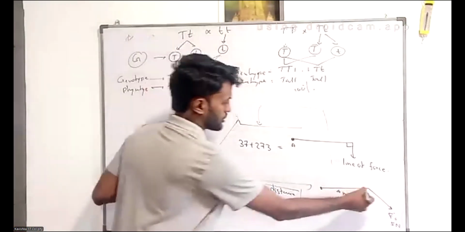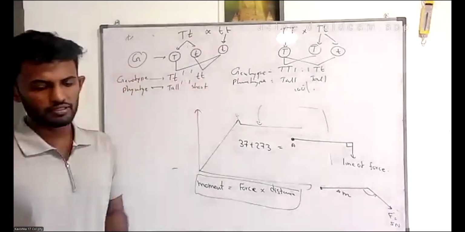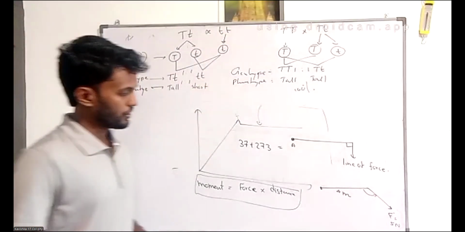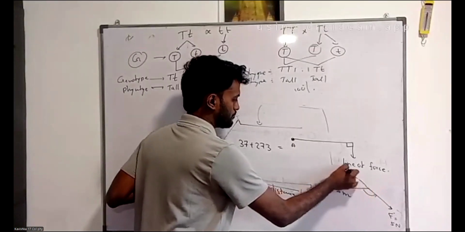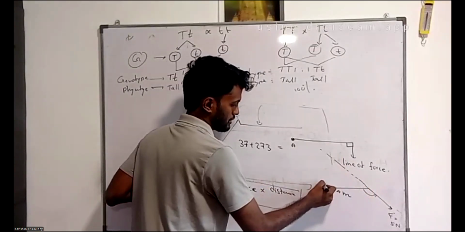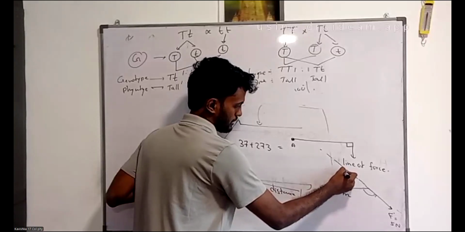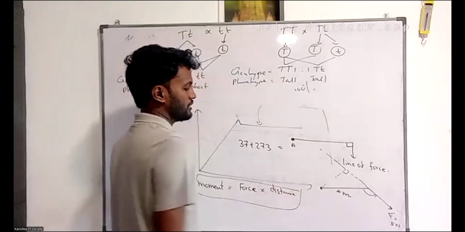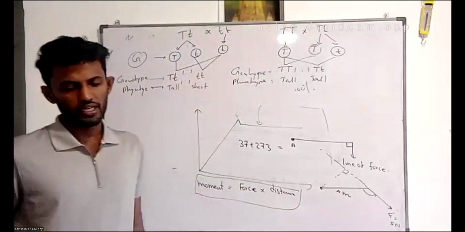Because this is not perpendicular, not at 90 degrees. So what we have to do is consider the perpendicular distance. If we extend this, here we can find a distance that is perpendicular to this line of force.